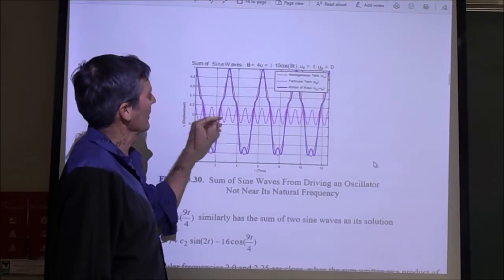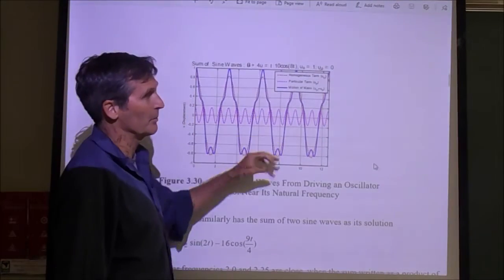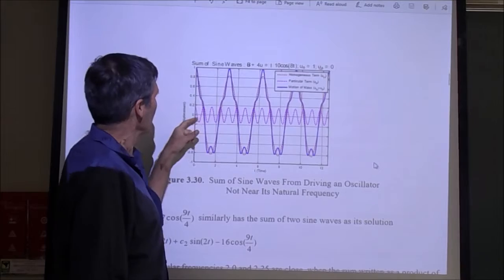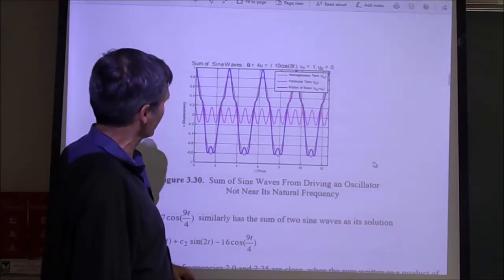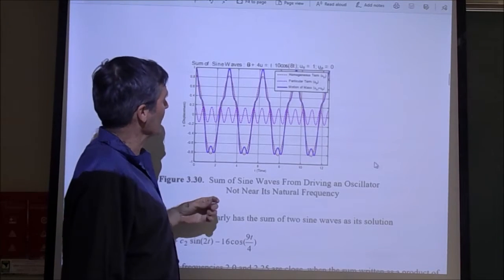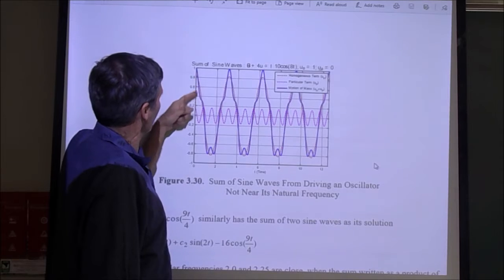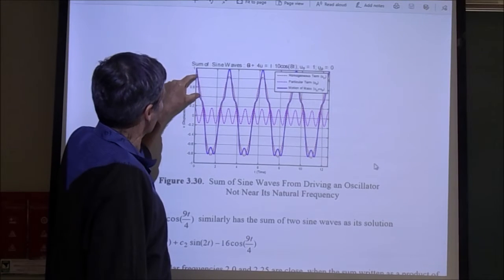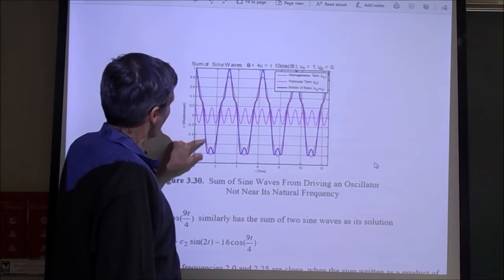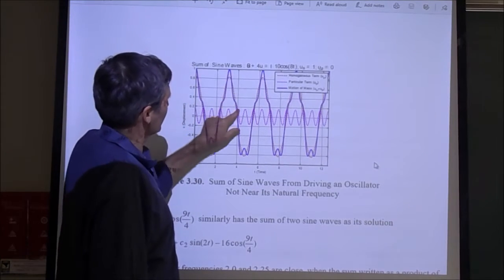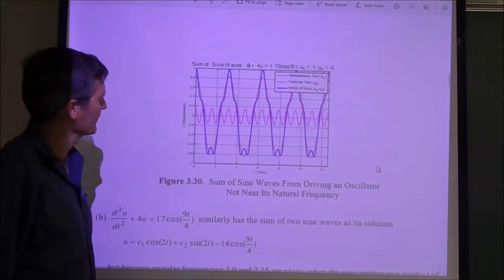The oscillator wants to oscillate at the natural frequency that it would if you just pulled it and let it go, but you're also pushing it with a sine wave of another frequency. The result is a solution that's the sum of these two. When you stack the magenta on top of the red, you get this purplish one. That's the sum of two sine waves, and so it repeats over and over like that.